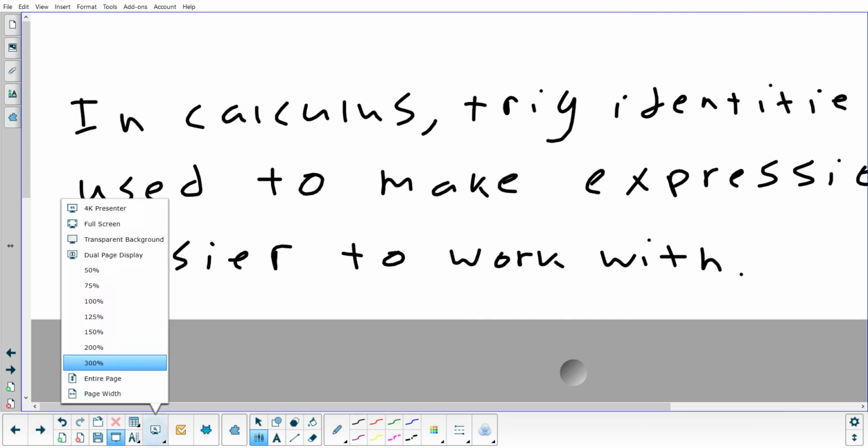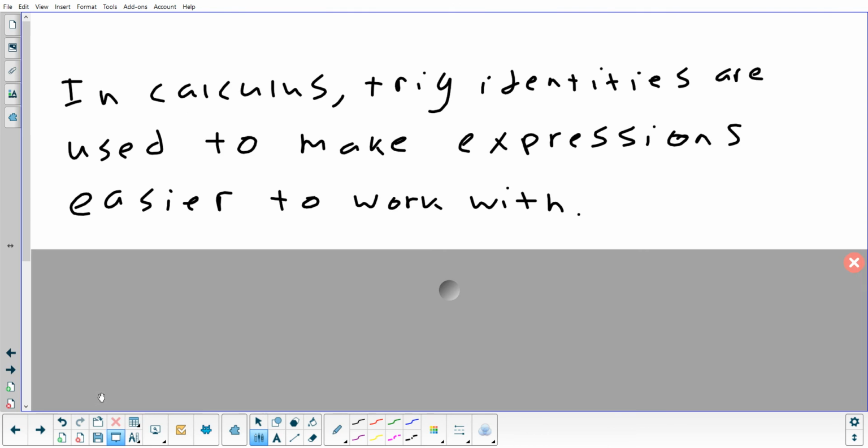So where you would use these is in fields that utilize calculus. If you're not really doing something with calculus, you're not really going to use identities in math. Even if you do something else in math, these are very specific to calculus and trigonometry.